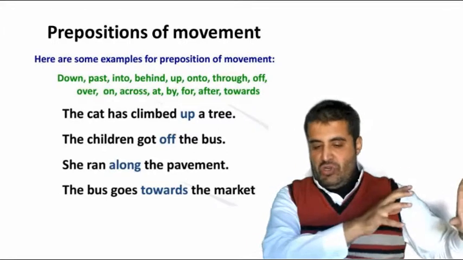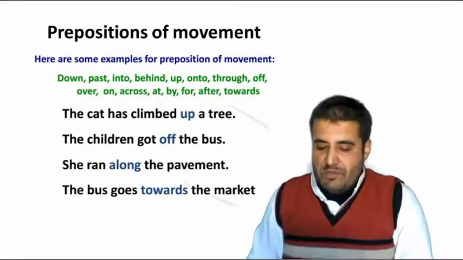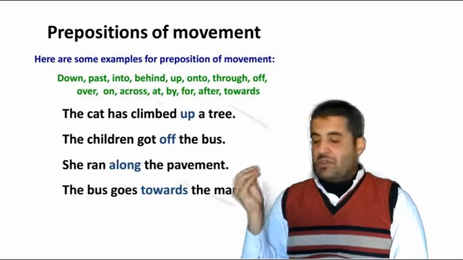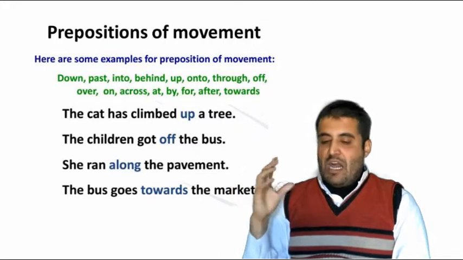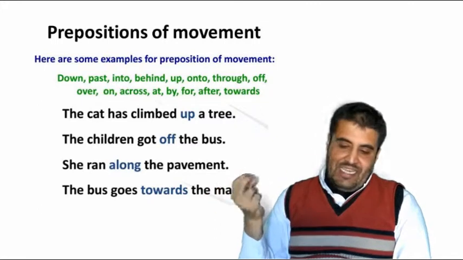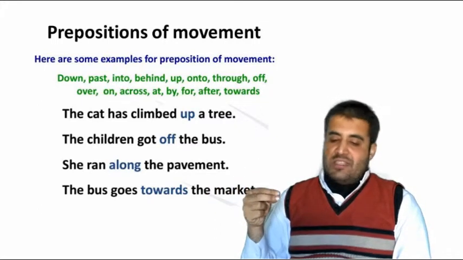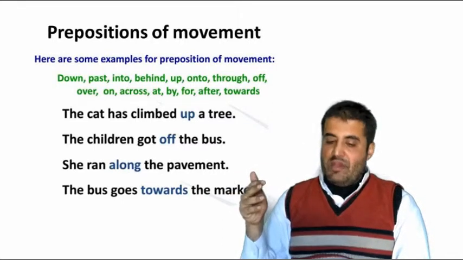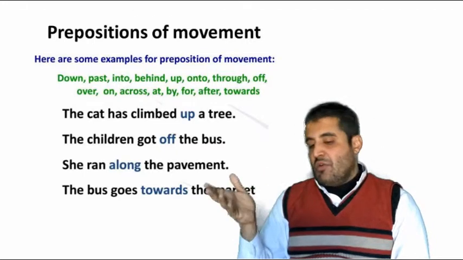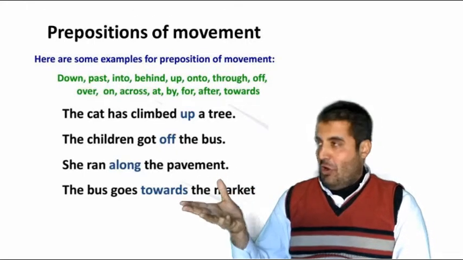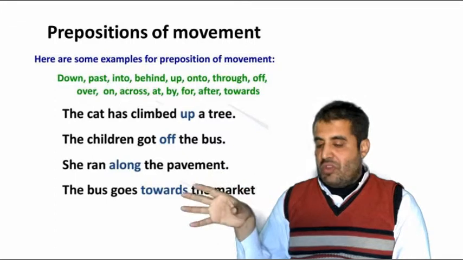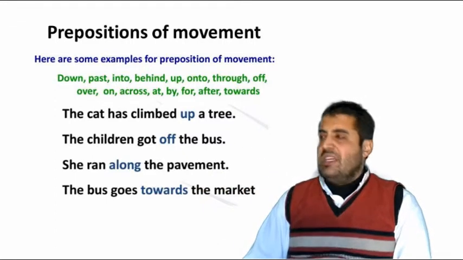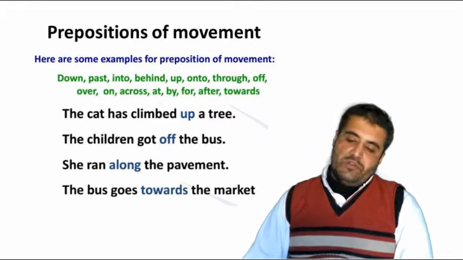So "up" shows the movement of the cat, "off" shows the children coming down from the bus, "along" shows the running movement in the third sentence, and "towards" shows the movement of the bus. So these were prepositions according to movement.